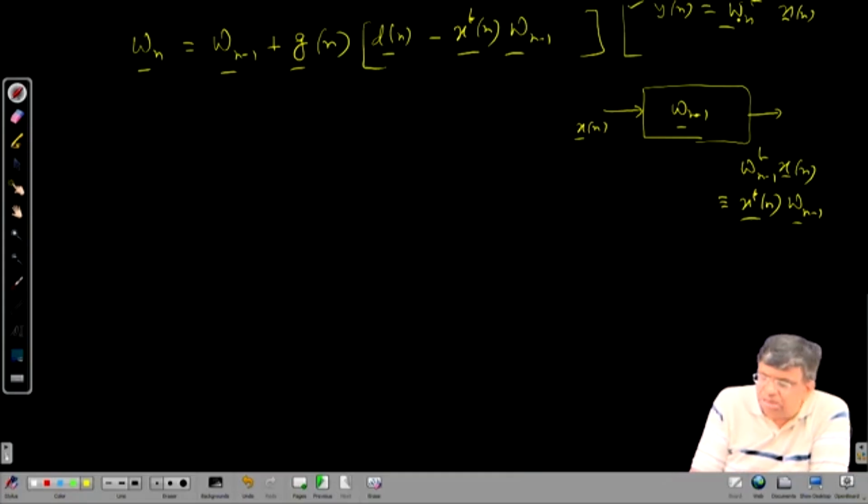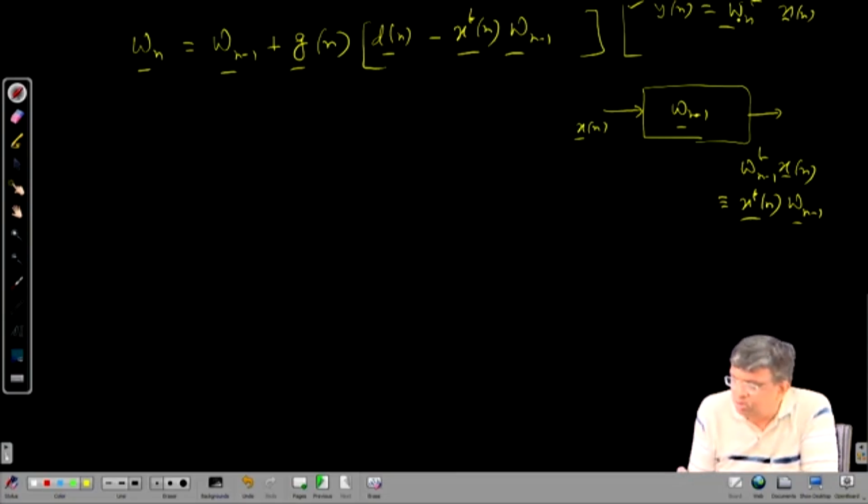But for this calculation, that is how to obtain W n from W n minus 1, this is the update relation. I have to put in the previous cycle weight vector, the filter coefficient vector W n minus 1, the one I obtained by least squares minimization taking data up to the n minus 1th clock.